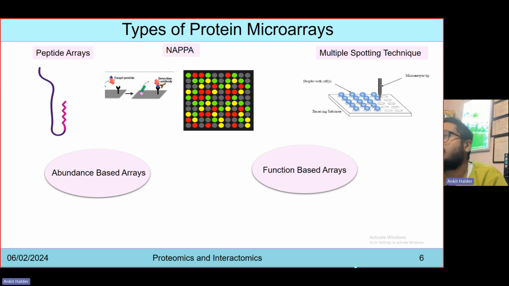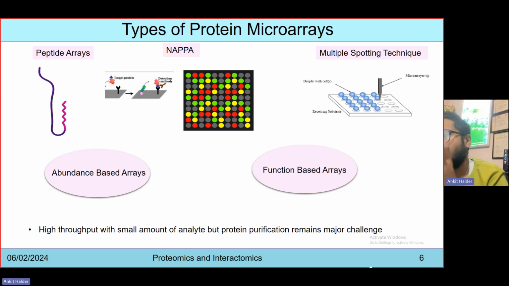And obviously multiple spotting techniques are very much being used. Not only in full proteomics, where we talk about abundance based or function based, but in the arrays also we can get abundance based arrays and function based arrays. The challenge with these microarray techniques is high throughput with a small amount of analyte.